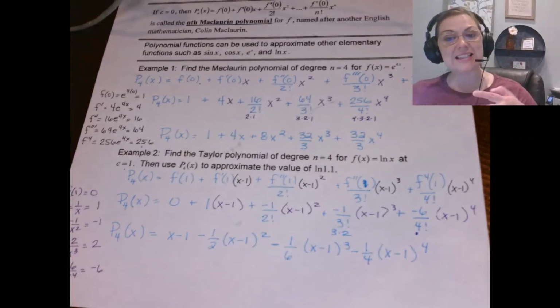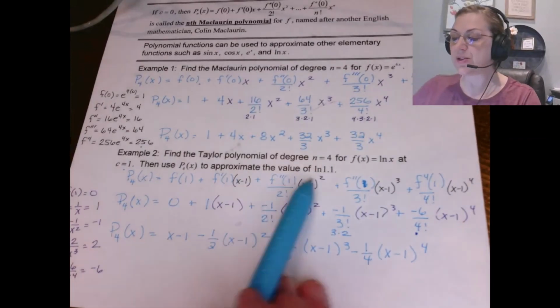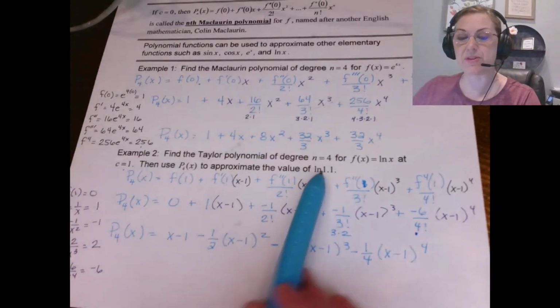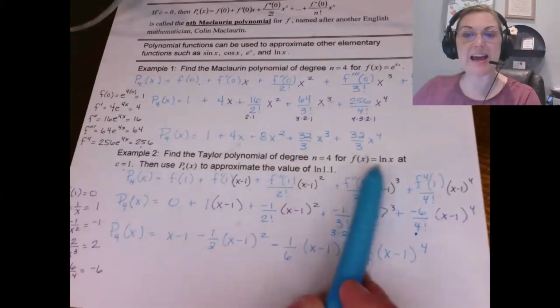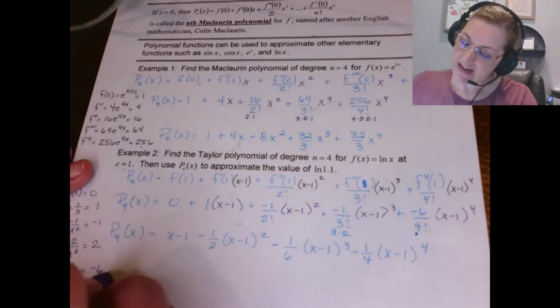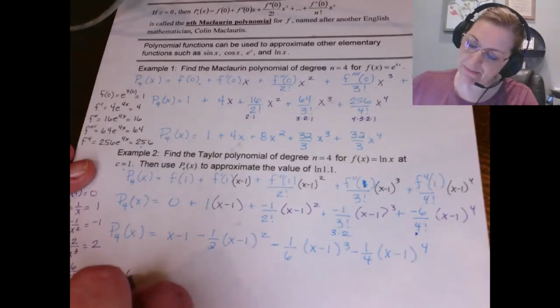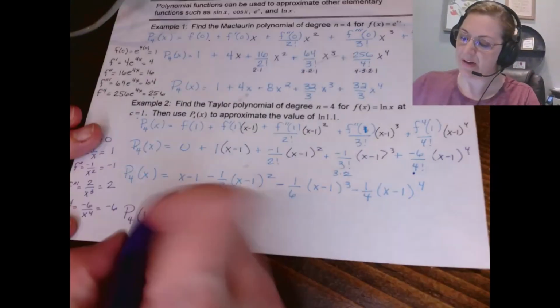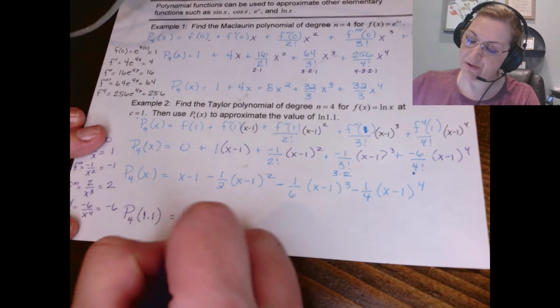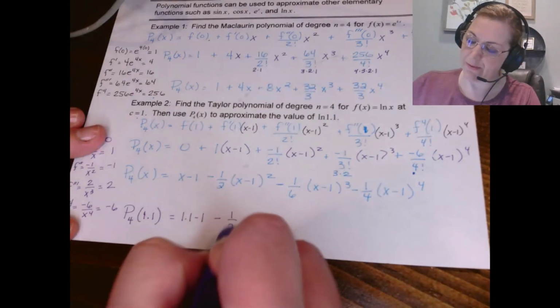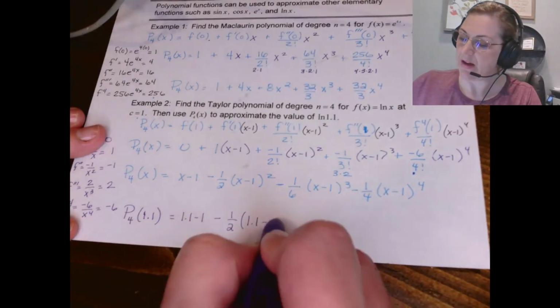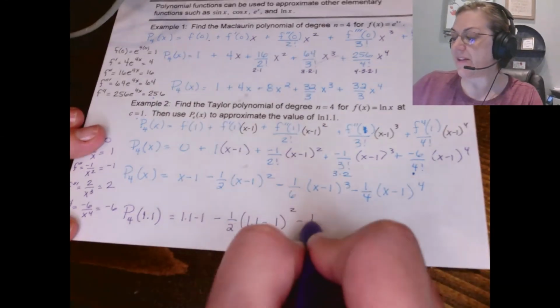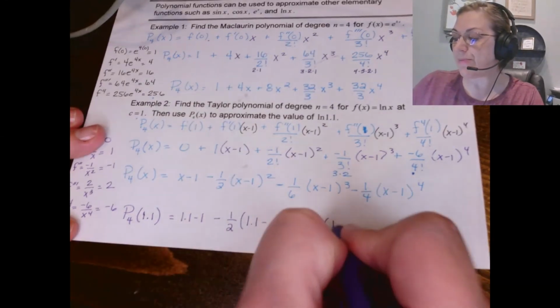And the last thing here said, okay, now use this to approximate ln of 1.1. So notice that that's letting x be 1.1. And so what they're saying is, hey, go ahead and plug in 1.1 for these x's and see what you get for your value. Is it going to be exactly the value you would get for ln of 1.1?